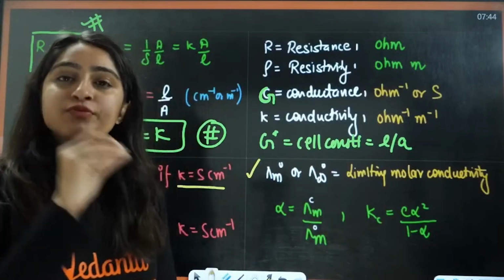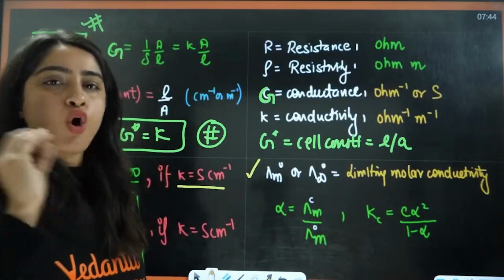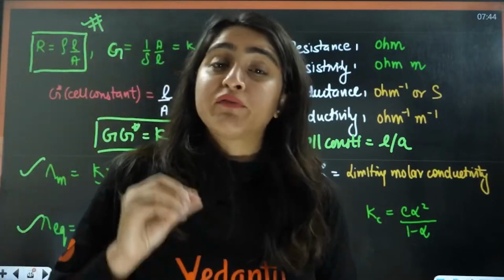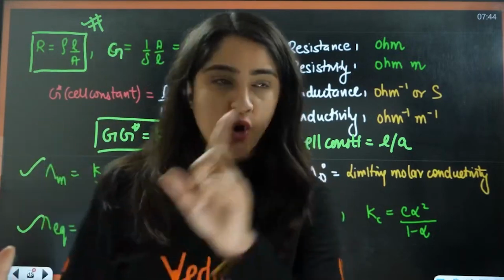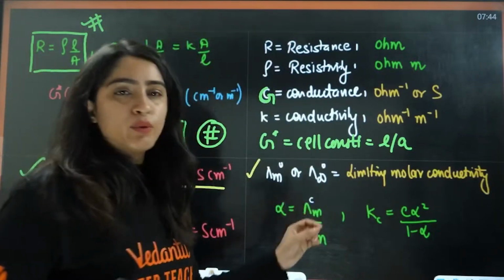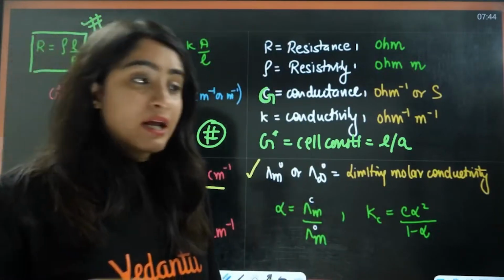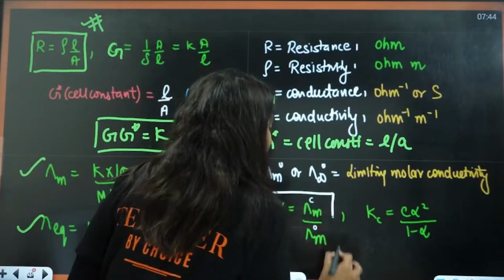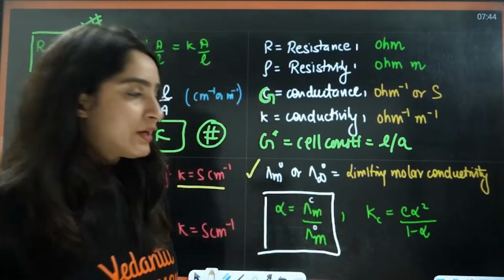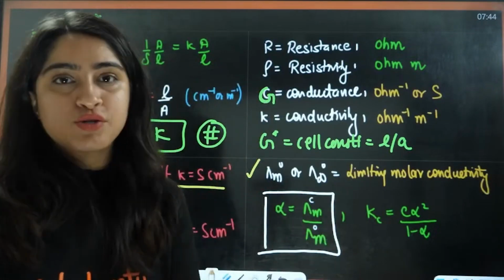Next is limiting molar conductivity. For a strong electrolyte it is very easy to calculate, but for a weak electrolyte we use Kohlrausch's law. If they ask something about molar conductivity, they will ask you to find the degree of dissociation.